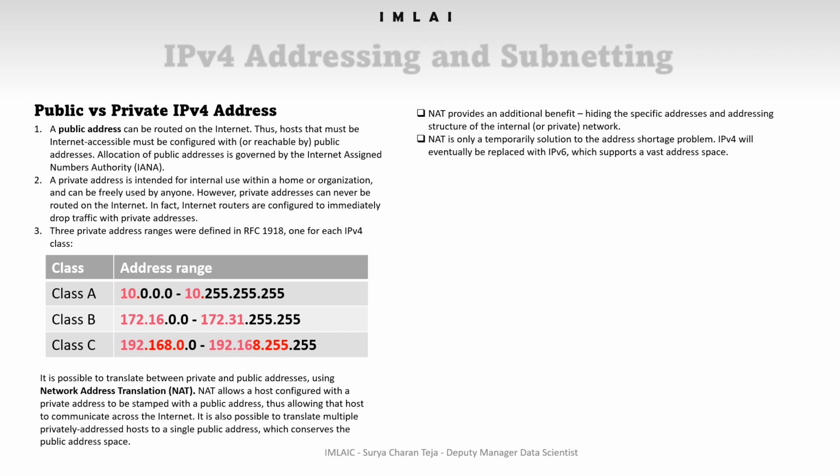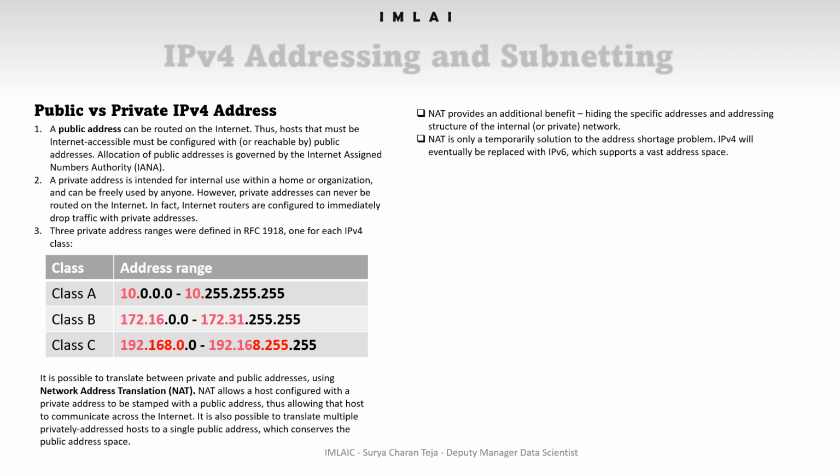IP version 4 will eventually be replaced with IP version 6, which supports a vast address space. When that comes, you don't need to use NAT anymore, because as we have discussed earlier, IP version 4 has some limitation in giving IP addresses.